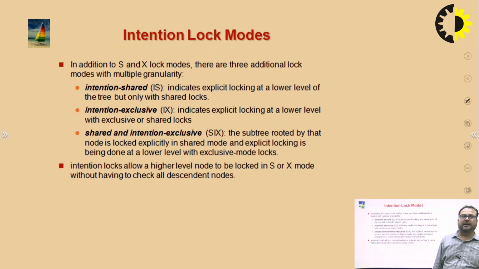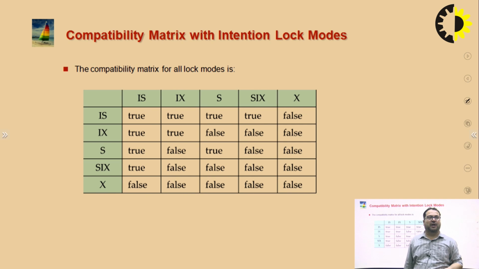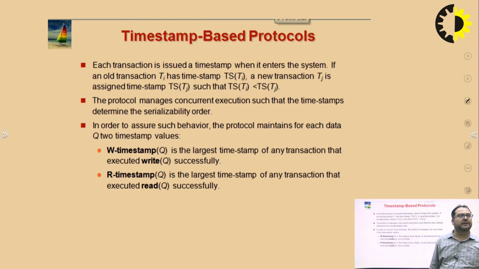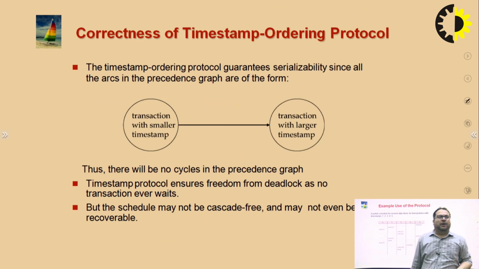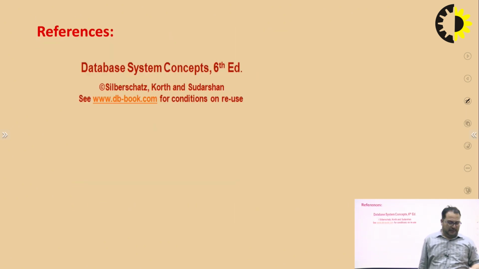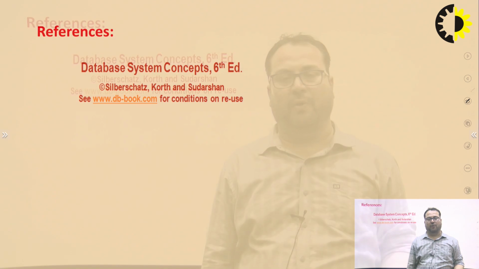In addition to exclusive lock and shared lock, we have intention-shared and intention-exclusive locks. Similarly, these are all the compatibility matrices for all locks. This is a brief of these concurrency control techniques, particularly the two-phase locking protocol.